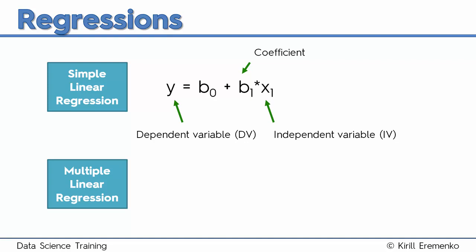You can't just say the change in x is always equal to the change in y. There might be this coefficient of proportion, to which that change is inflated or deflated. And b0 is a constant term.